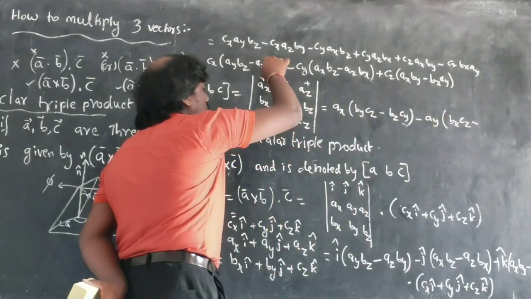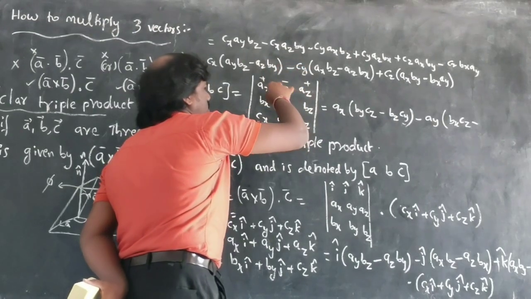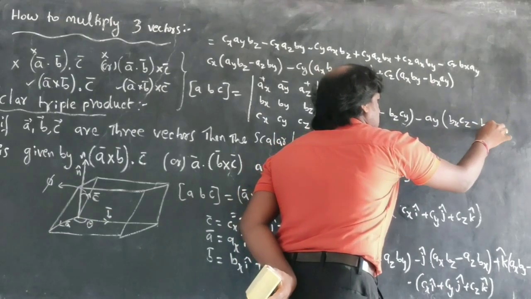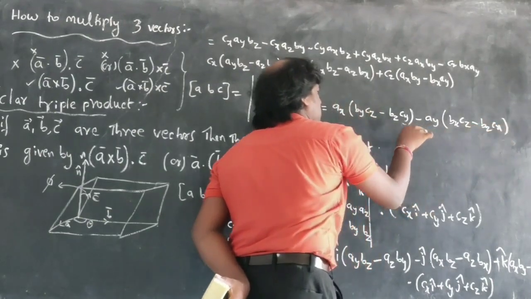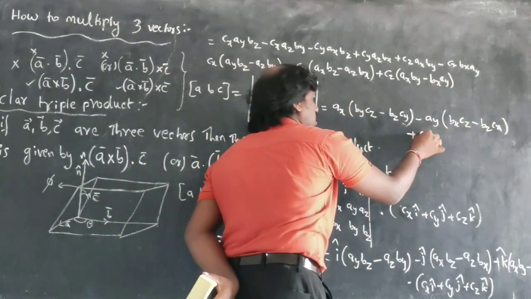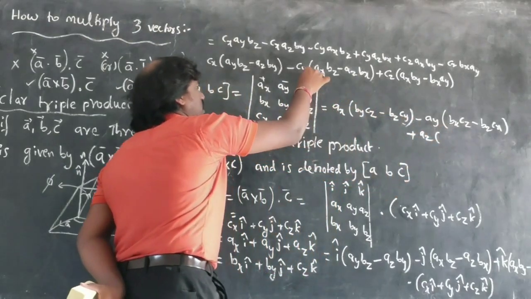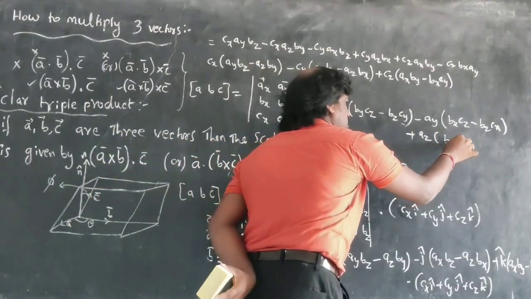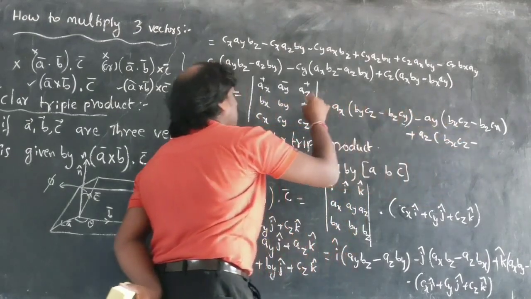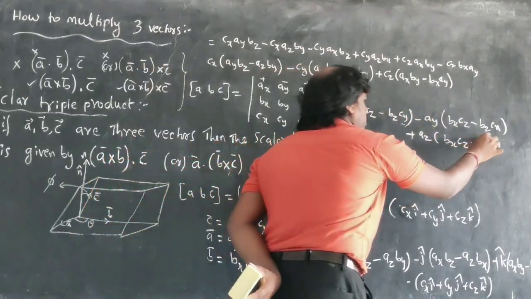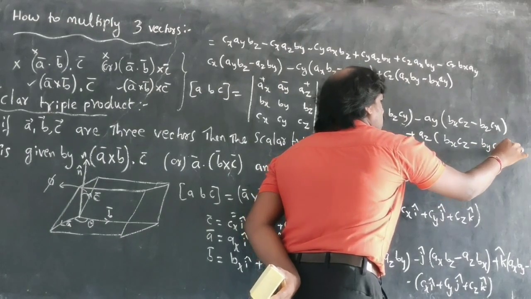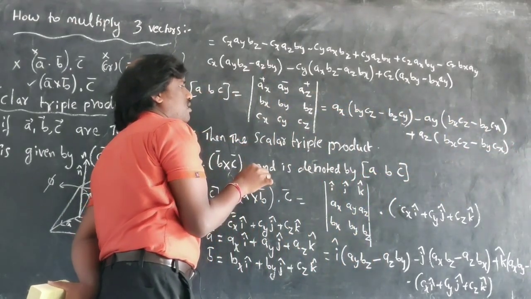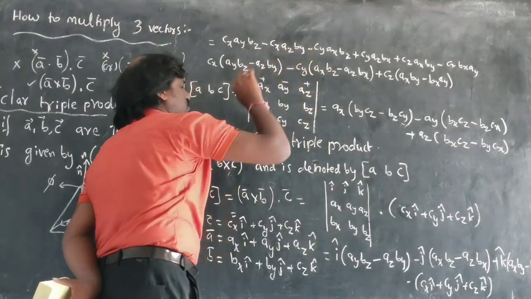See here, when I close this one, I am getting BXCZ minus BZCX. Plus, and I can write here AZ, and when I close this row and column, BXCY minus BYCX. So this is the way we can open this determinant, and this result will be the same.